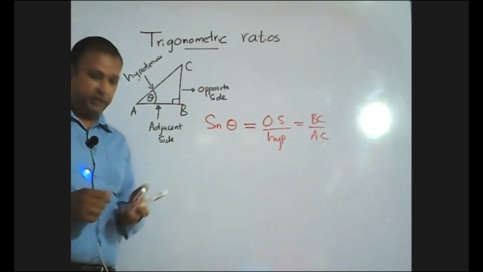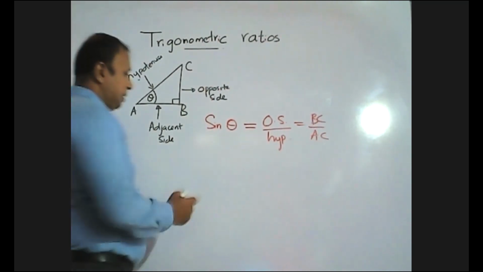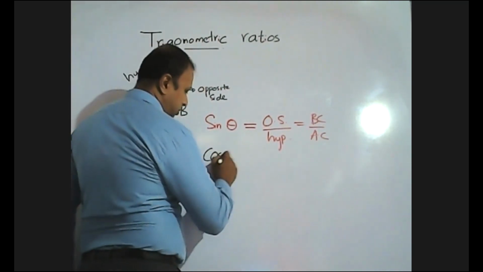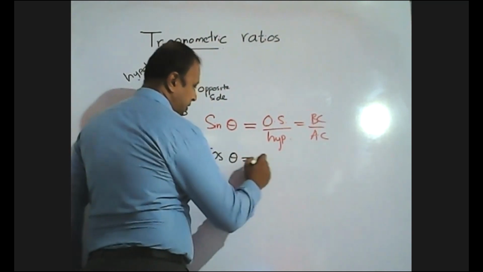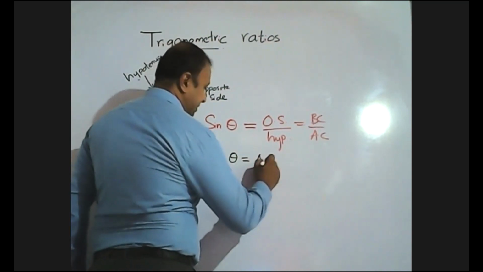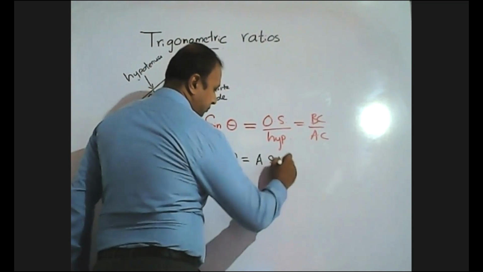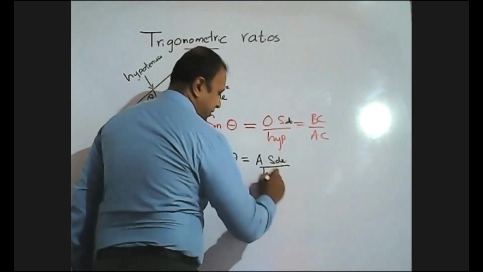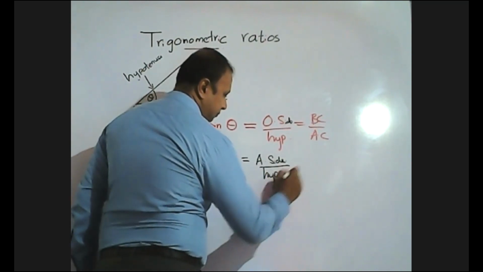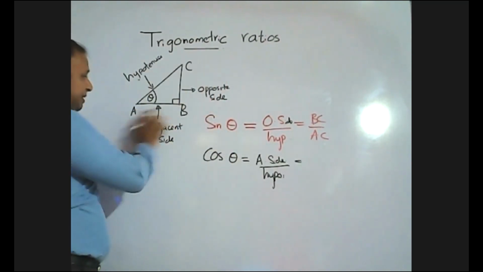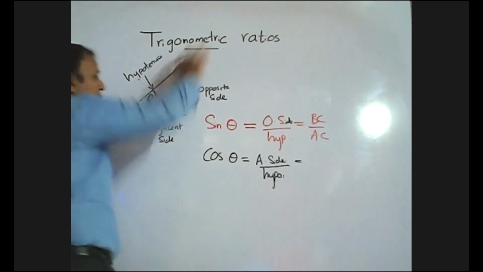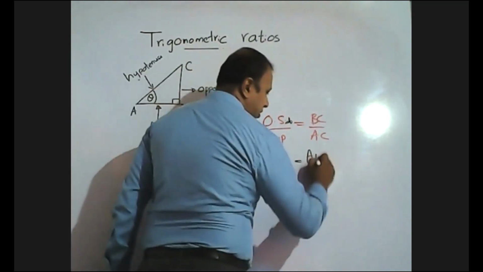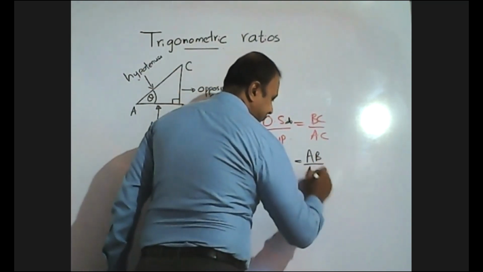Then cos theta is equal to adjacent side over hypotenuse, that is AB over AC.